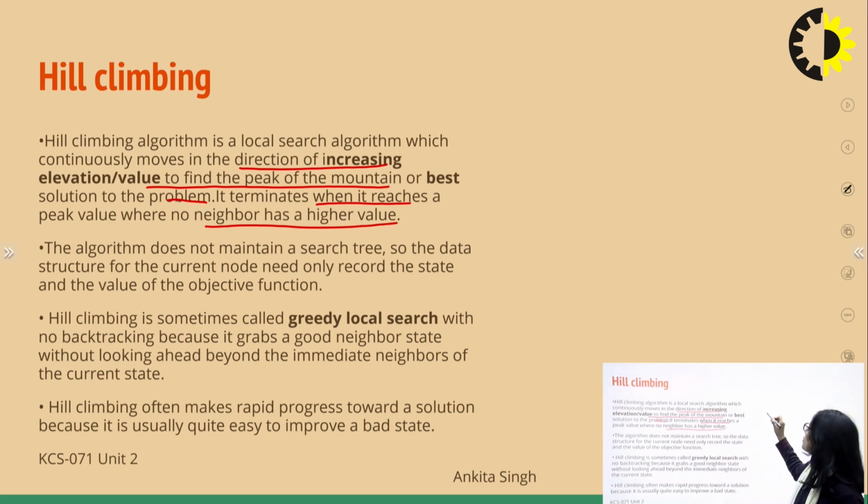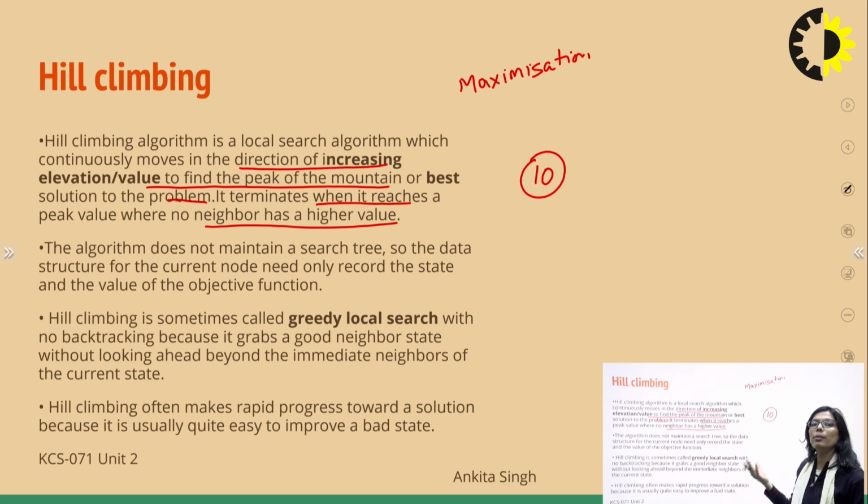Understood? So suppose I am at a node, and the objective function value of this node is suppose 10, right? Now suppose it is a maximization problem, and I have to consider those nodes near me which have a better value than mine, right?